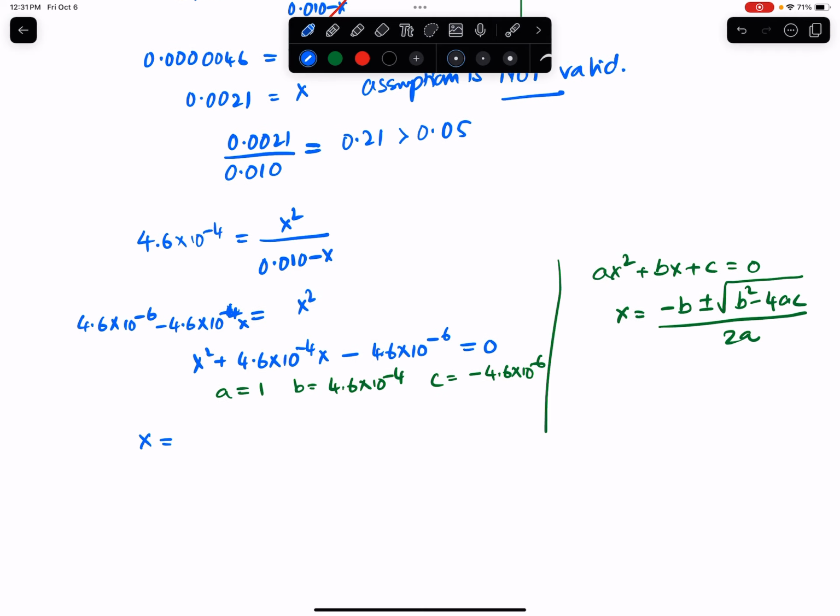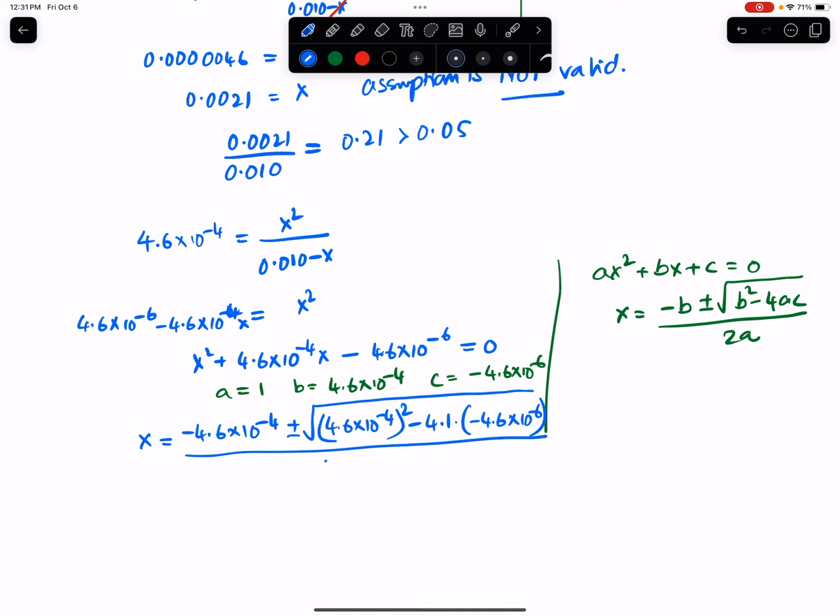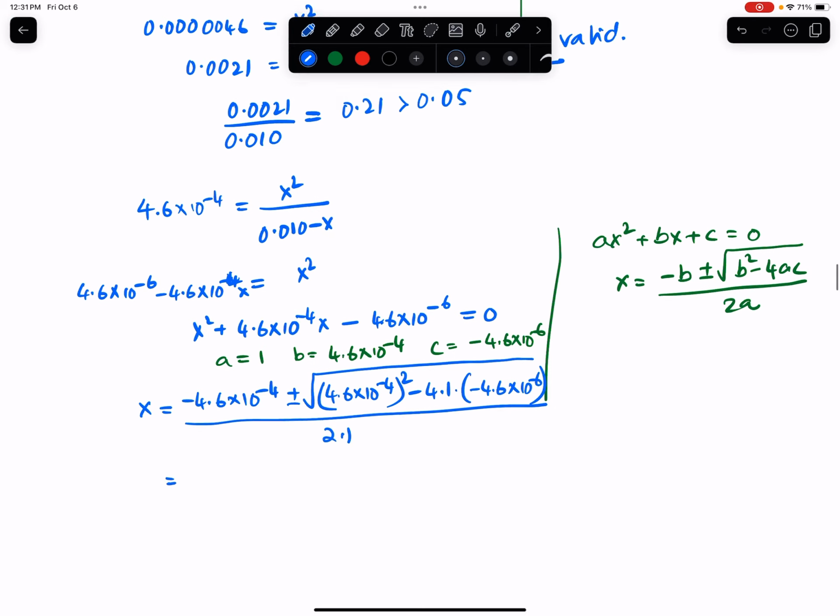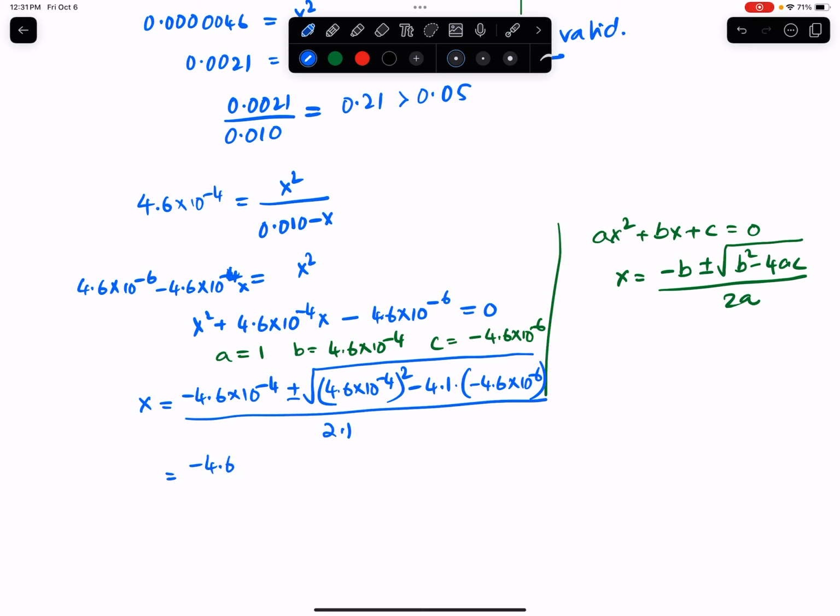Let's plug that in. We get x is equal to minus 4.6 times 10 to the negative 4 plus or minus the square root of 4.6 times 10 to the negative 4 squared minus 4 times 1 times negative 4.6 times 10 to the negative 6, and the whole thing is over 2 times 1. Let's simplify these terms.